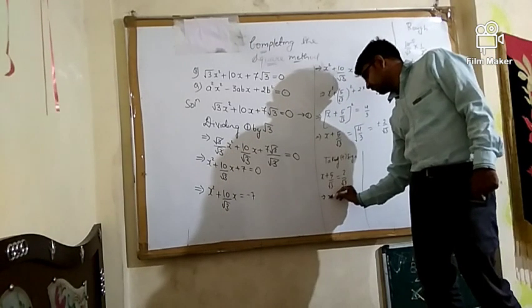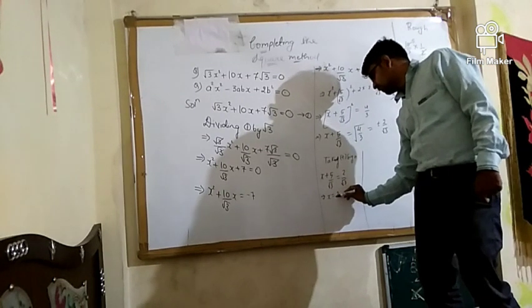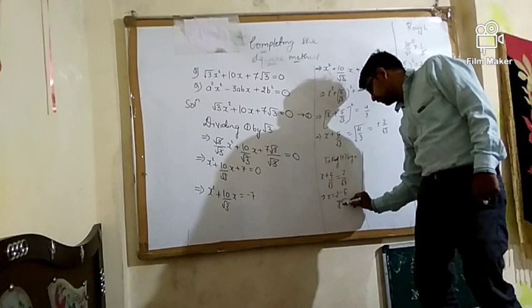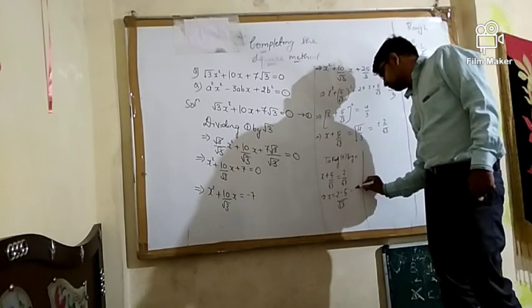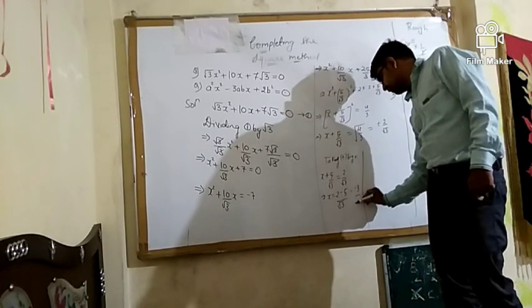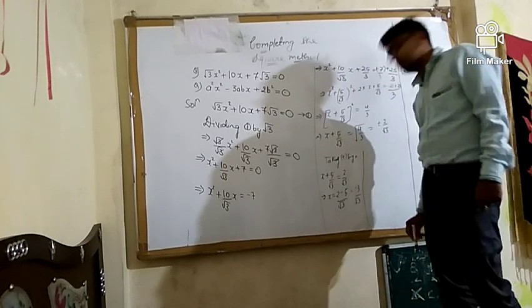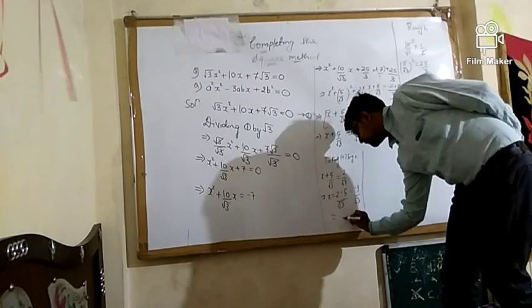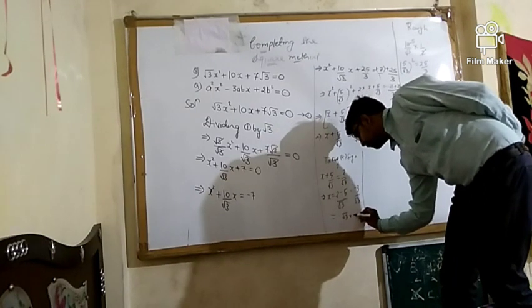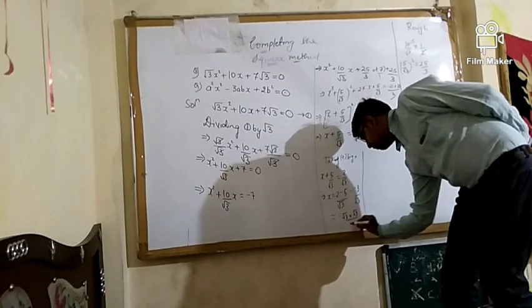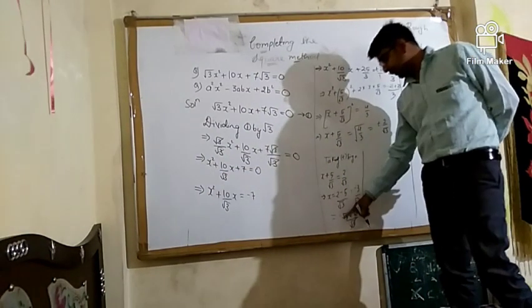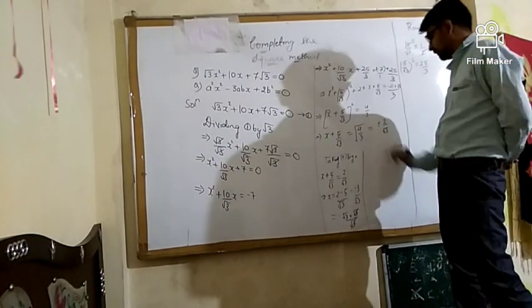In solving, I will get 2 minus 5 by root 3, it's minus 3 by root 3. Okay, this 3 can be written as minus root 3 into root 3 upon root 3. So this gets cancelled. So one value of x is minus root 3.